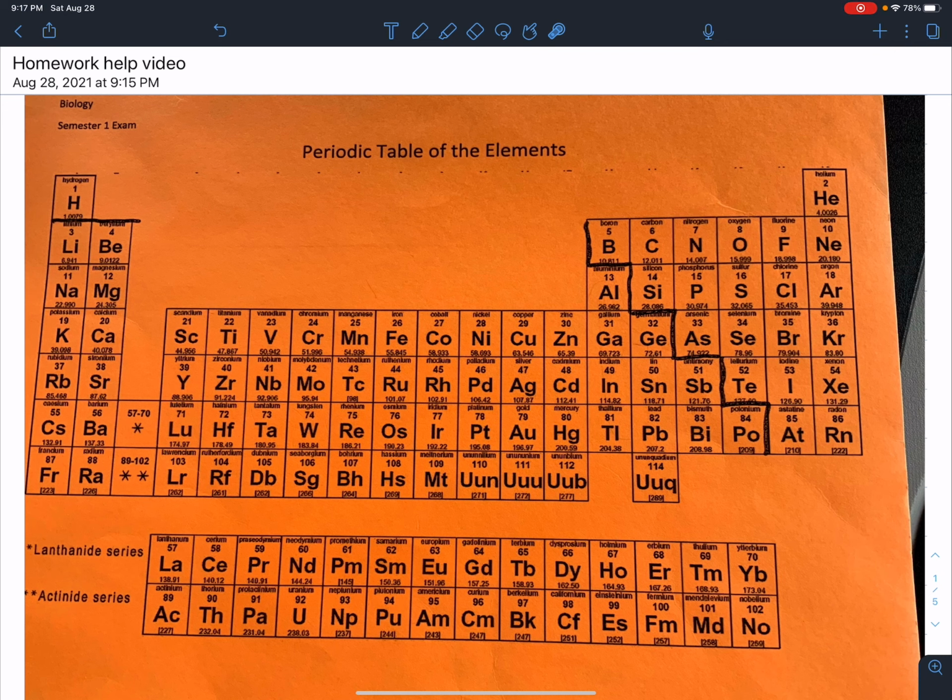A couple of things I'd like for you to notice on the periodic chart. First of all, the symbols, of course, right? The symbols are abbreviations that represent the name of each element, right? Each type of matter that's been found on Earth. For example, the symbol H represents hydrogen, He, helium, and so forth.